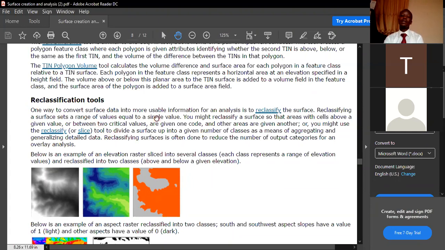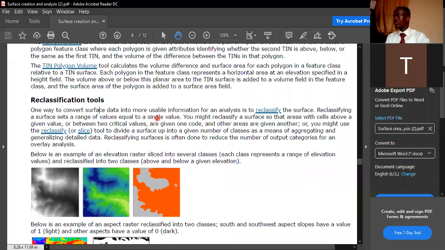Why is this important? In multi-criteria analysis, if you want to combine several factors, say I want to find out all areas which are farther away from a particular dump site for my project, then you need to create a surface which you have classified in such a way that only areas which are far away have certain values, so that you can now recombine that with another factor.